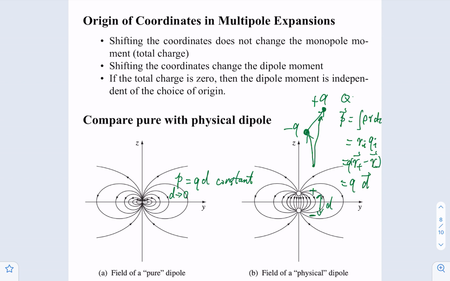So we can see that this is actually again independent of the origin of your choice.